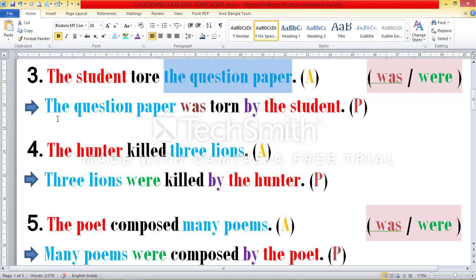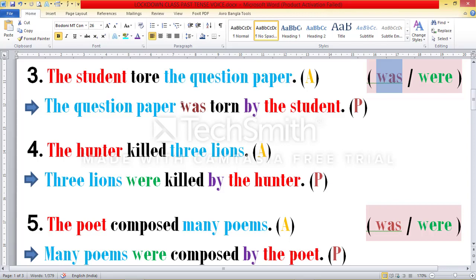So this object here has become the subject in the passive form. And after that, we have to go to the auxiliary verb. Be verb: was, were. Here in case of this sentence, as the subject is third person singular number, the question paper, this is third person singular number, for which was will come out of was, were.